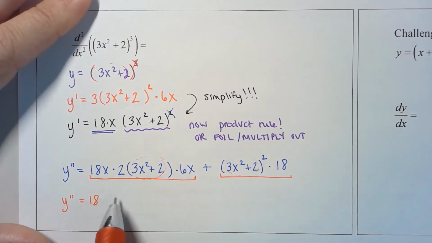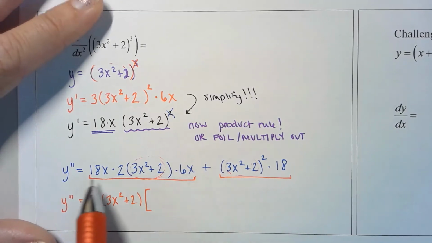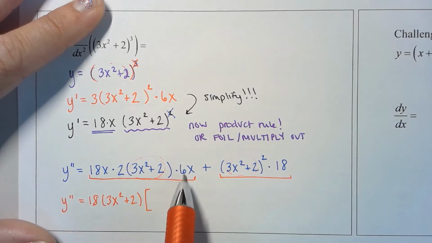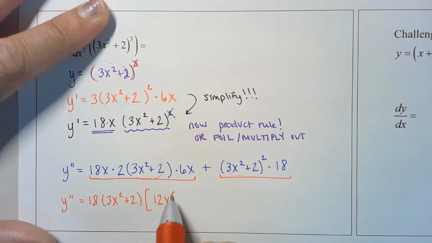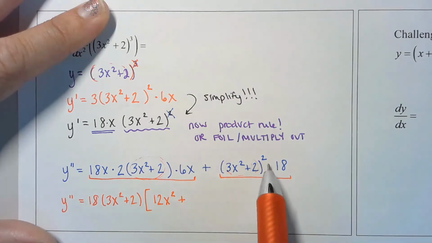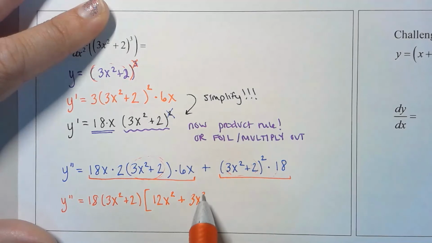I'm going to take out an 18 and a 3x squared plus 2, which will leave me with a 12x squared plus, the 18 is gone, one of these is gone, and I'm left with an extra 3x squared plus 2.